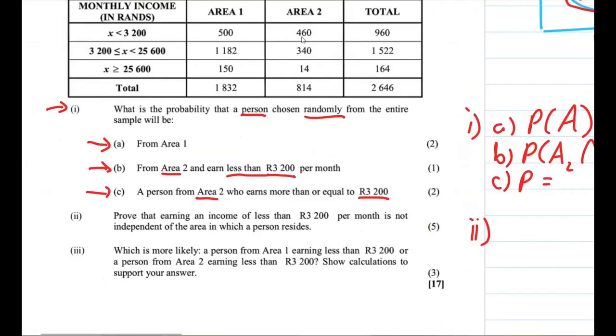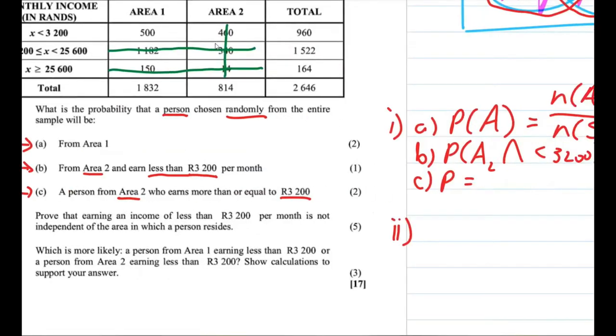All right, so in that case, we're going to do that line method again. We're going to say area 2 and more than or equal to 3,200. That's this line and this line. Where do they intersect? At 340 and 14. You see, there's no line coming through here.